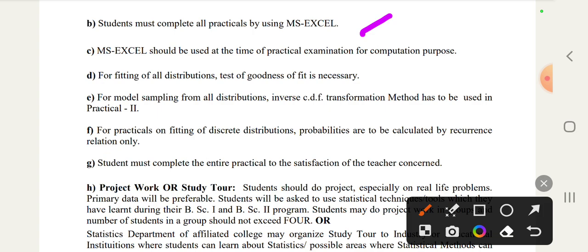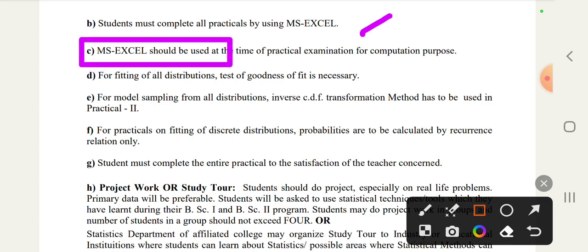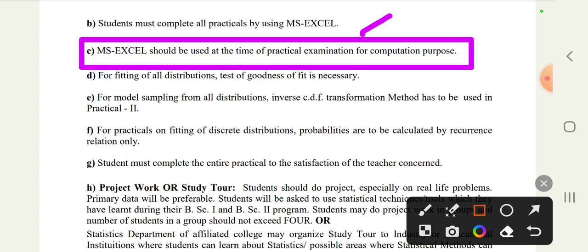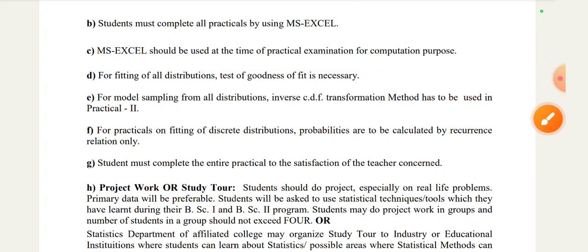MS Excel should be used at the time of examination for the computation purpose, and also for fitting and model sampling.